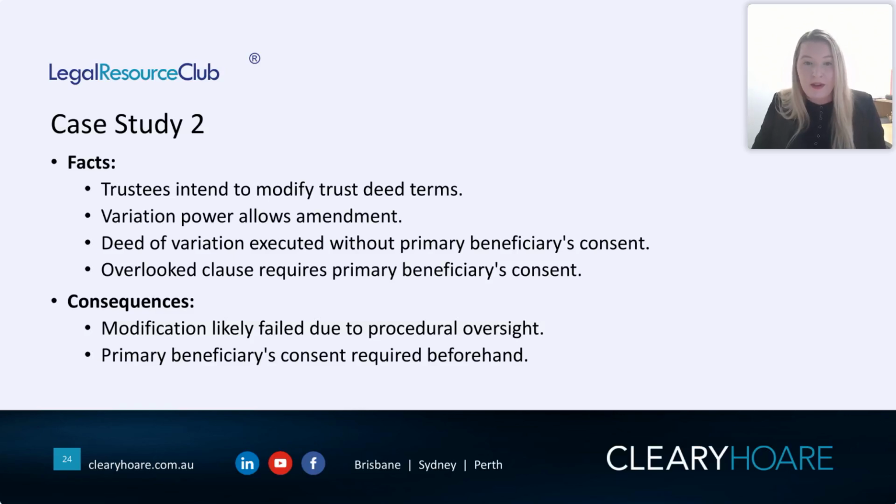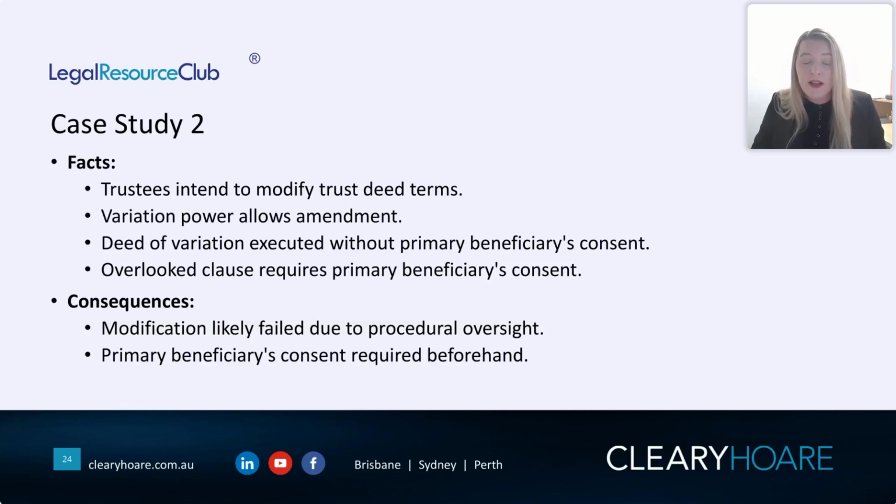And so if we are looking at the trust deed in its whole, the argument would be that the variation wasn't effective. And so in that trust deed, we had the consent provision in clause 6.3 and the variation power in 10.1.